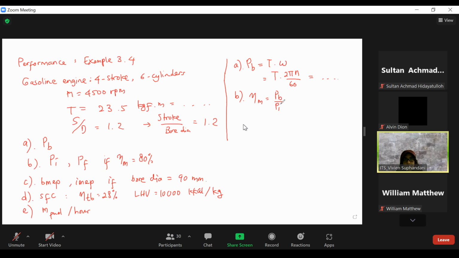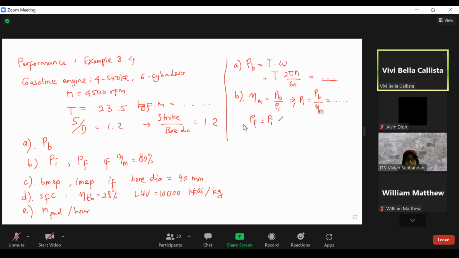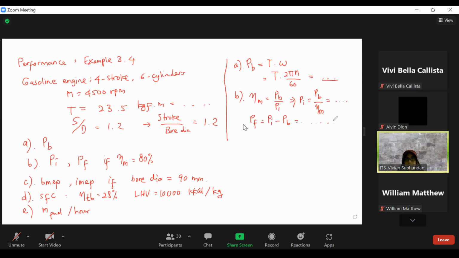If we know PB already, we can find PI, which equals PB divided by the mechanical efficiency. Now we have PI. And how to find PF, the friction power? Indicated power minus brake power. It's correct. So we have that already.